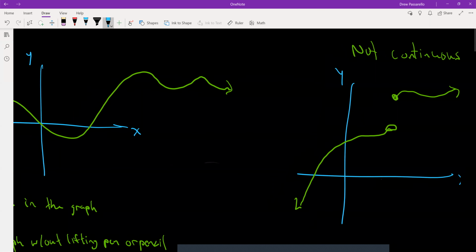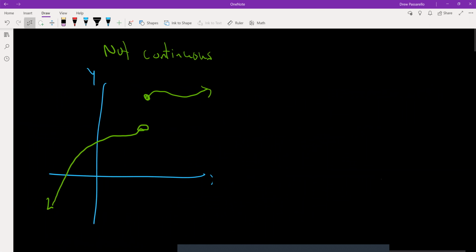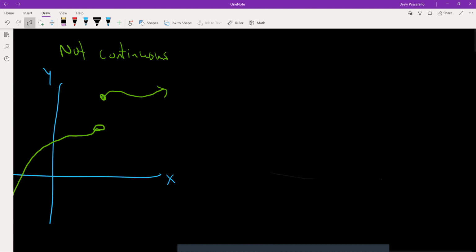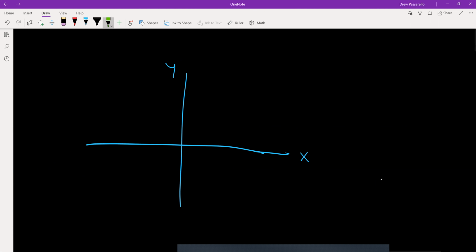Now, when we're talking about being continuous on an open interval, what that means is, let me draw a graph first. Say my graph looks like that. And so this is continuous, and it's continuous everywhere. Now, to be continuous on an open interval is basically taking a segment of the graph.